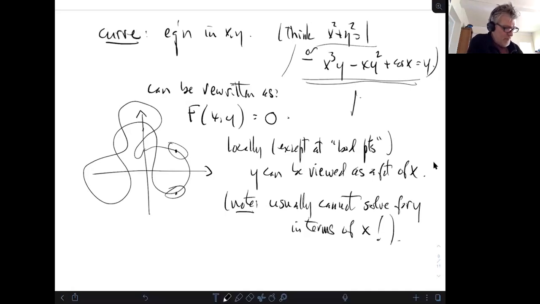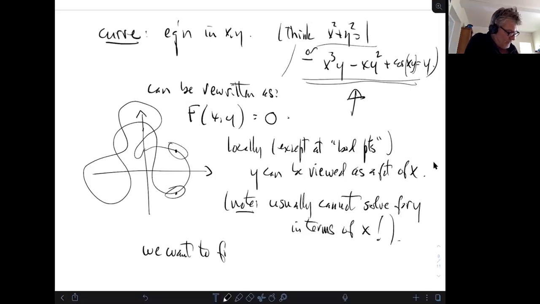Obviously, if you look at the example here, if you try to solve for y, actually this one is not too bad, but okay, so let's change it. There you go. Now try solving for y and you're not going to have much fun there. But that's not the point. The point is that we can view y as a function of x. No problem.